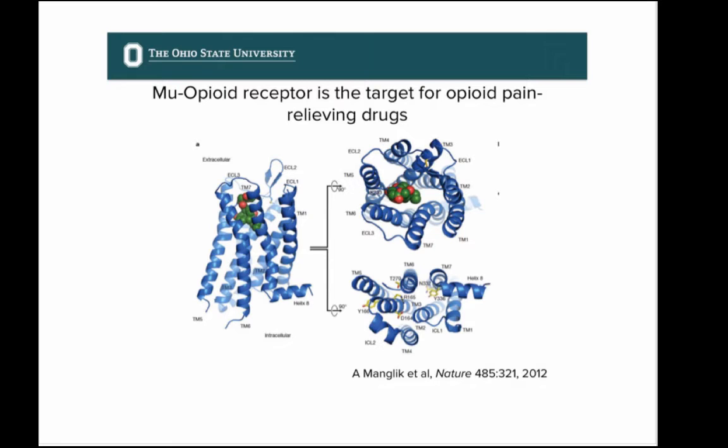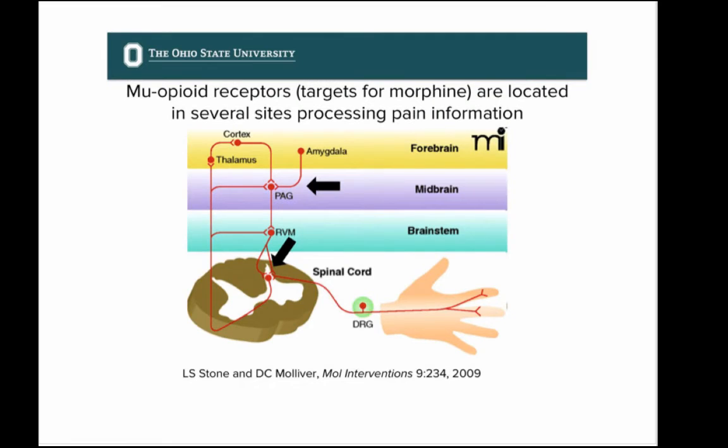Up towards the top in the area identified as PAG, or periaqueductal gray region of the brain, there's a cluster of mu-opioid receptors that are involved in the interpretation of pain signals. And these receptors are activated by the normal neurotransmitter enkephalin.